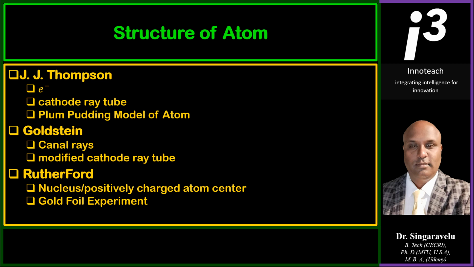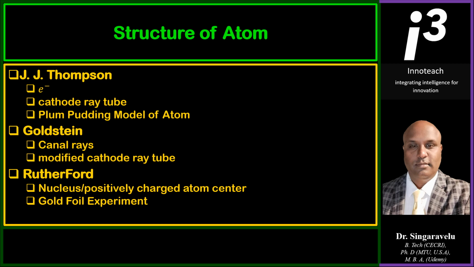These alpha particles, carrying a positive charge, were emanating from the alpha source and were directed towards the gold foil, a thin foil of a few tens of nanometers in thickness.